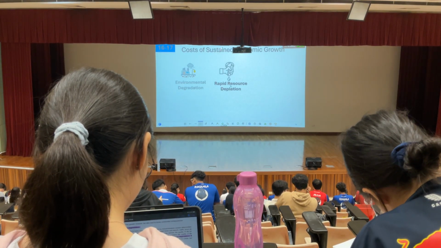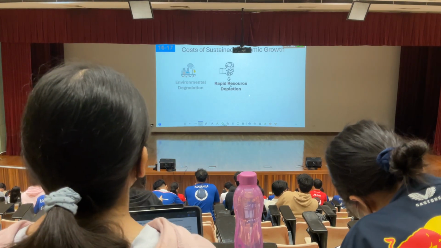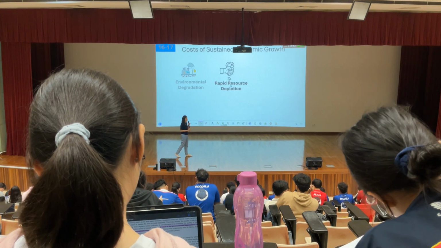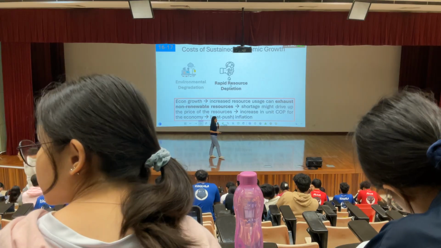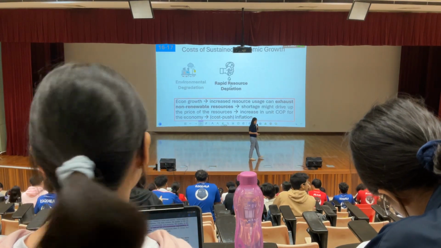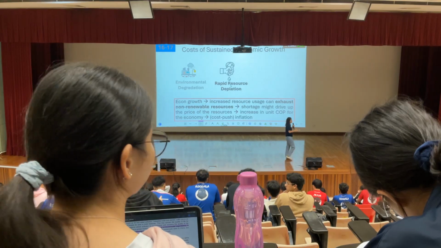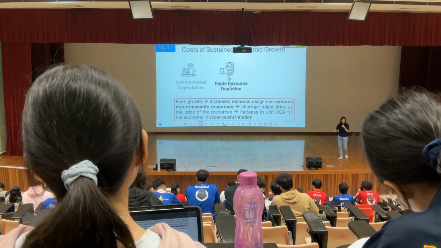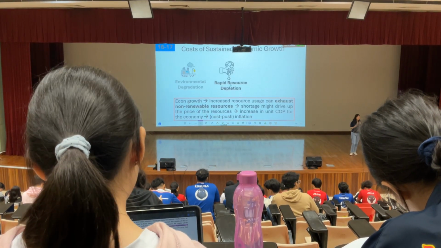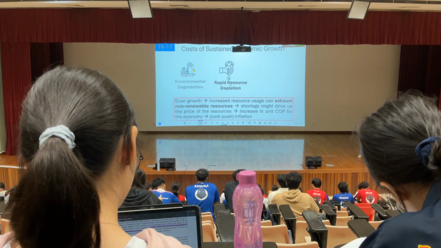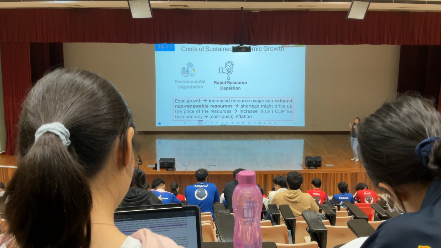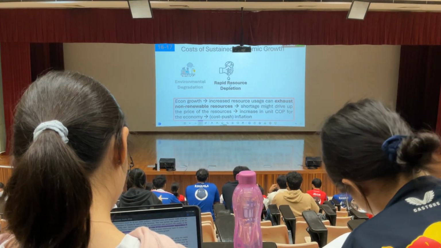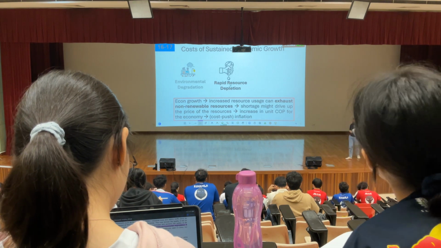Next. Another cost of sustained growth is it will lead to rapid resource depletion. Your resources will deplete very quickly, especially non-renewable resources. Economic growth can be a result of the country using a greater amount of resources to produce more output. Make sense, right? You use a lot of resources to produce more output. So that will cause your resources to run out eventually, especially non-renewable resources, such as fossil fuels like crude oil and natural gas. They will eventually run out because they are finite in quantity.